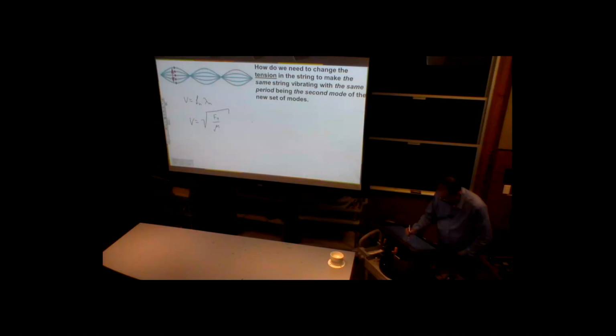Before and after we changed it. This doesn't have a subscript. We don't change the density. It's the same string. And also, we keep frequency the same.